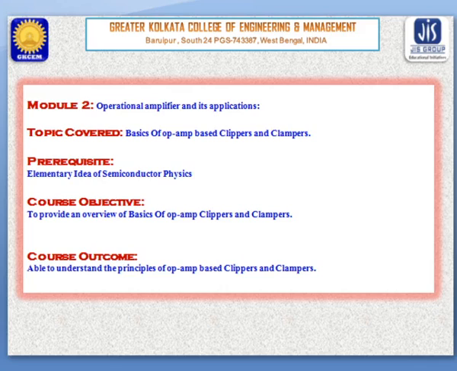The course objective is to provide an overview of the basics of Opamp based clipper and clamper circuit. After completion of this topic, students will be able to understand the principle of Opamp based clipper and clamper circuit.